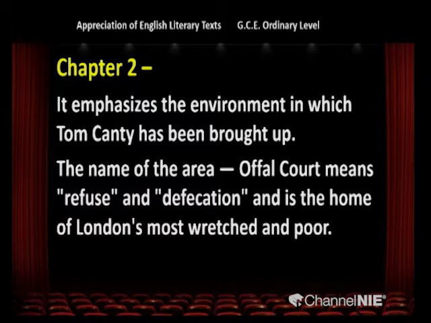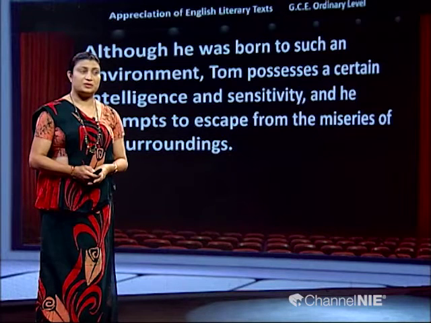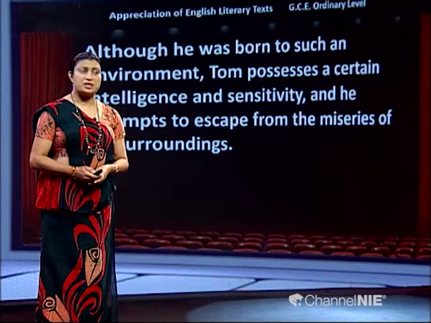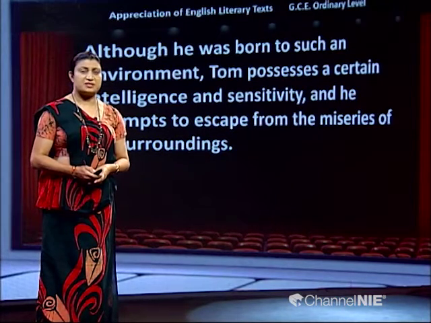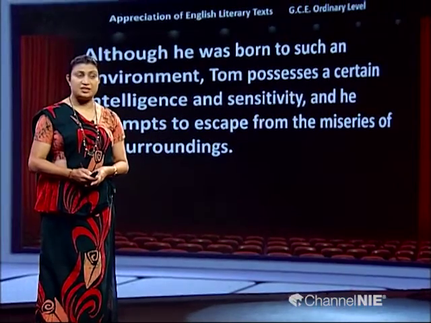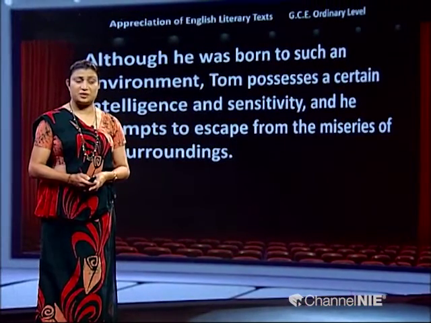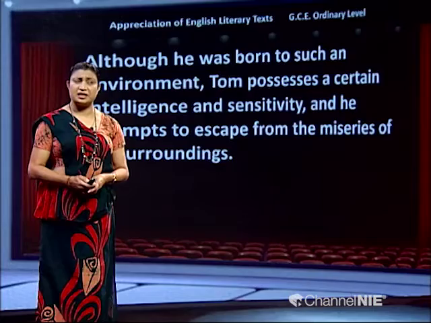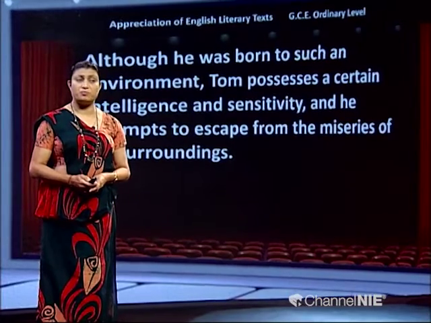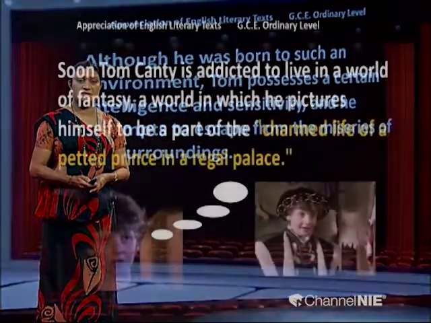So you can see that name is symbolic. Although he was born to such an environment, Tom possesses a certain intelligence and sensitivity, and he attempts to escape from the miseries of his surroundings.